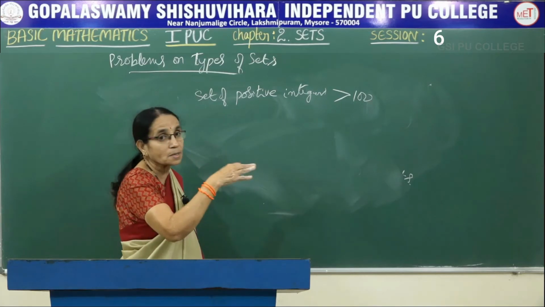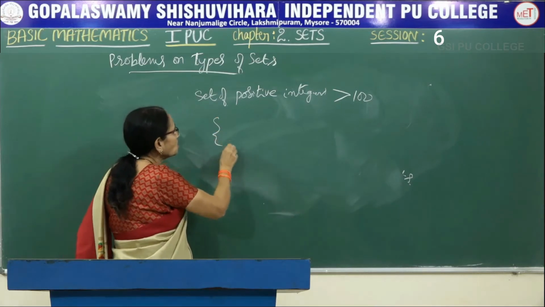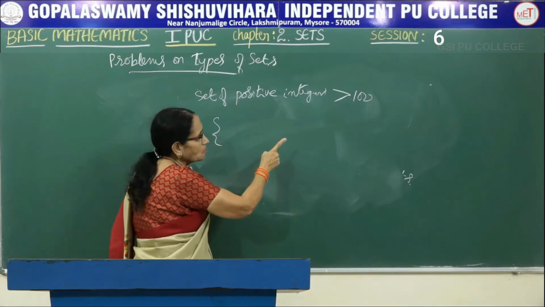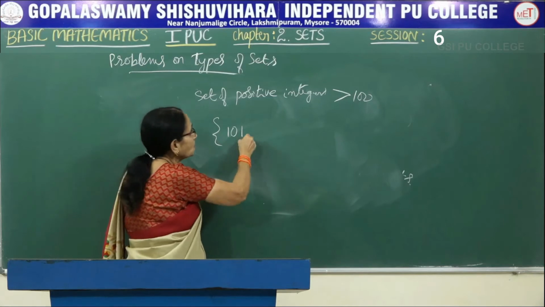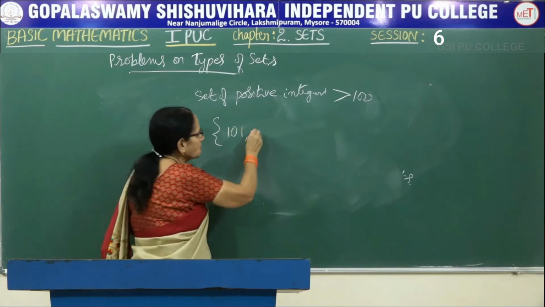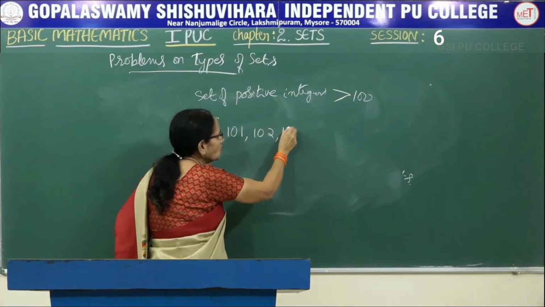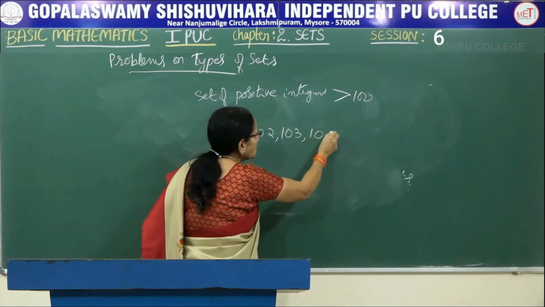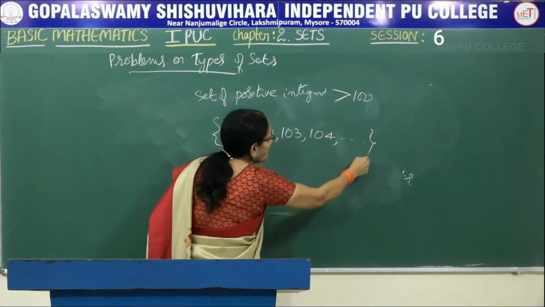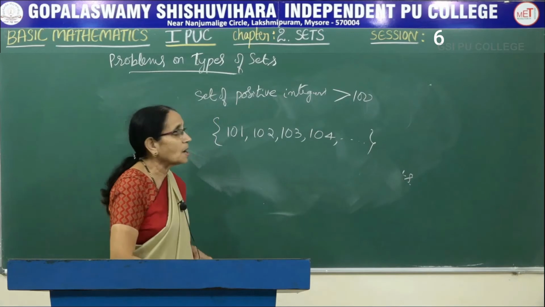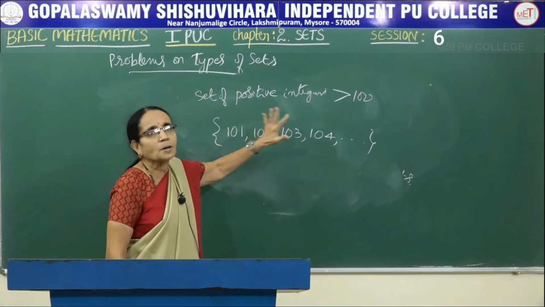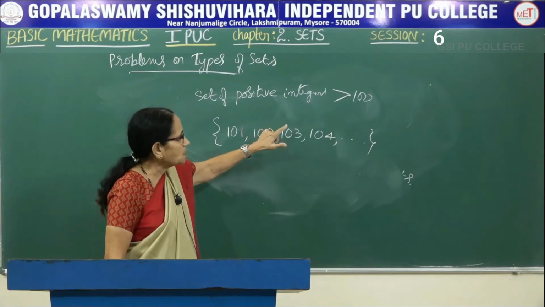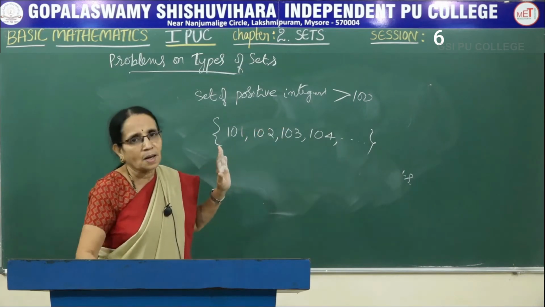But I have not said the last element of this one. So how do you write this one? More than 100 means we have to start with 101, isn't it? The positive integers 101, 102, 103, 104, etc. Because I have not said anything about the last element of this one. So we should consider only the positive integers, and those integers should be strictly greater than 100.